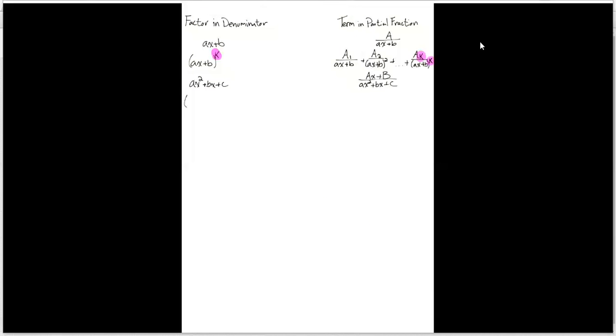And you could probably guess, well, what if I've got the above case but to a power of k? Well, it's just like how you went from the first case to the second case, but now we're going from the third case to the fourth case. So we're going to have an A1x plus B1 all over our original guy to the first power.